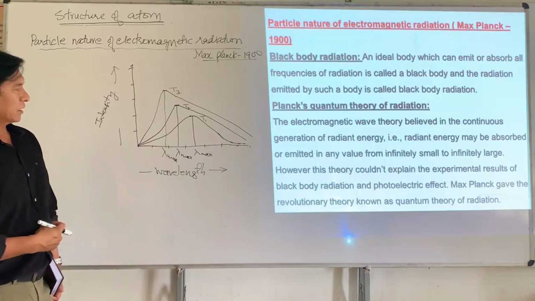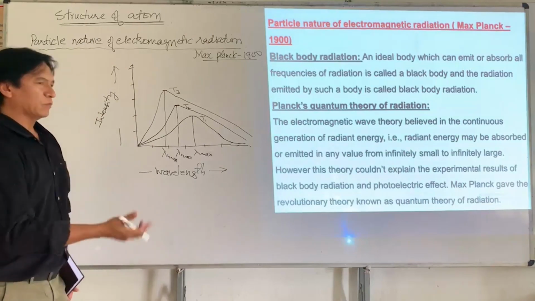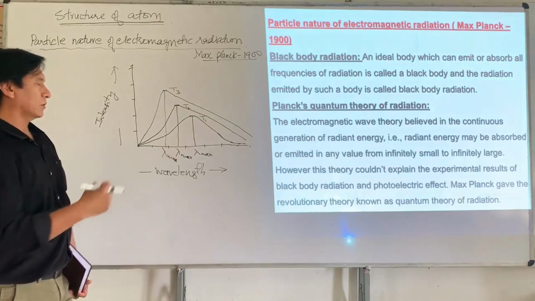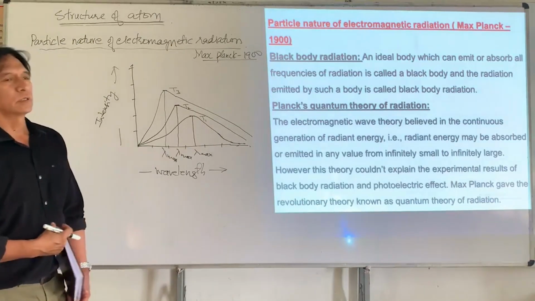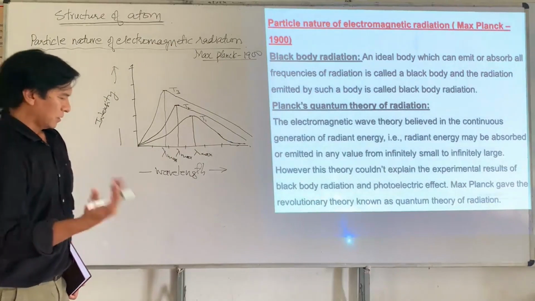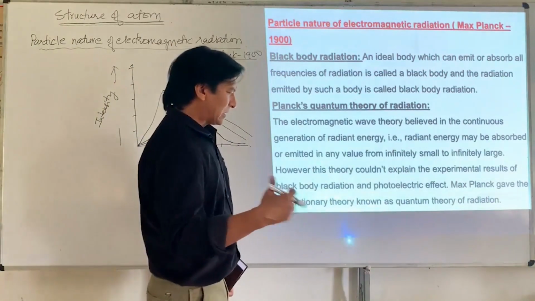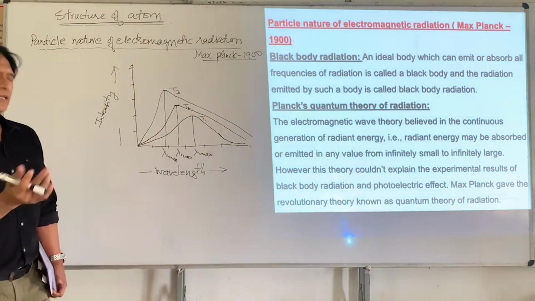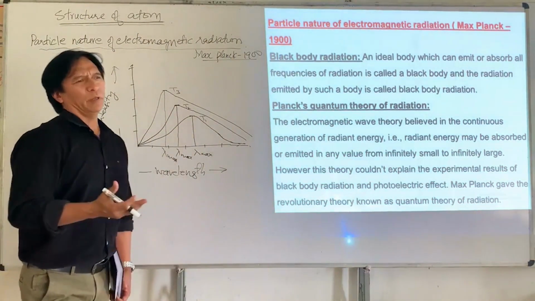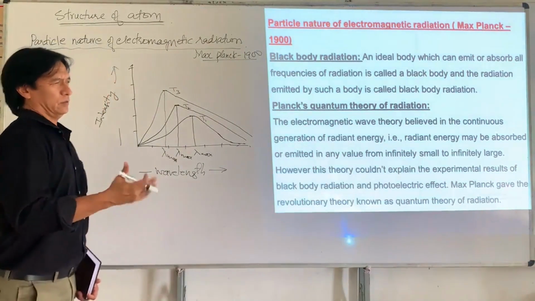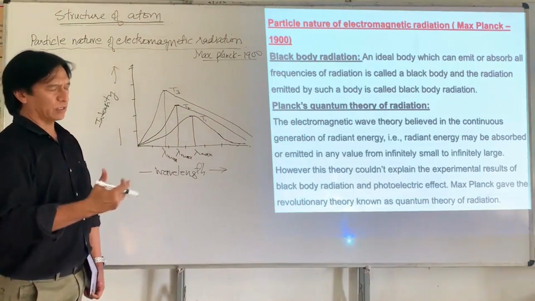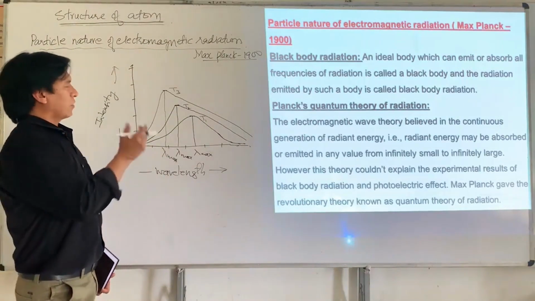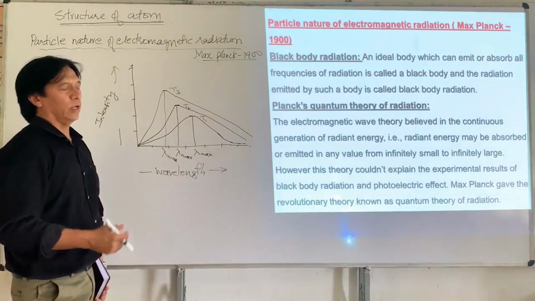That is to say that when atoms or molecules are heated, they give out or absorb energy in quantities which cannot be measured as such. They can be any value, that is, the radiant energy which is either absorbed or given out may be any value from infinitely small to infinitely large.